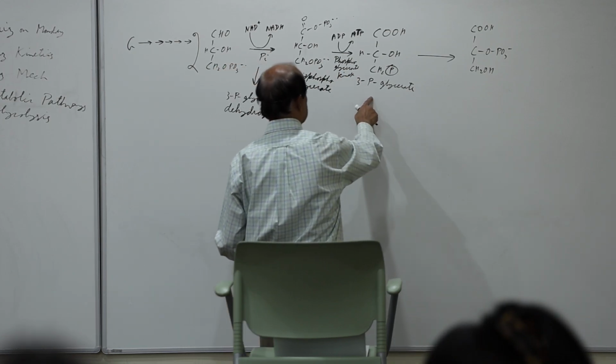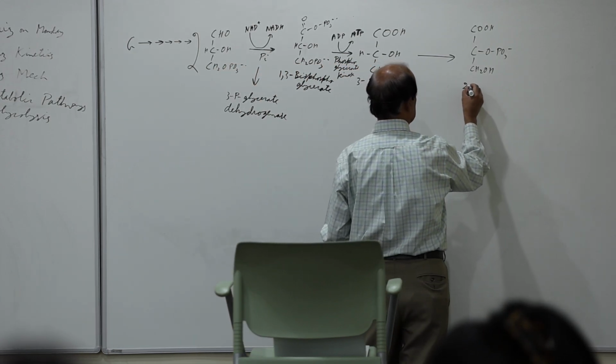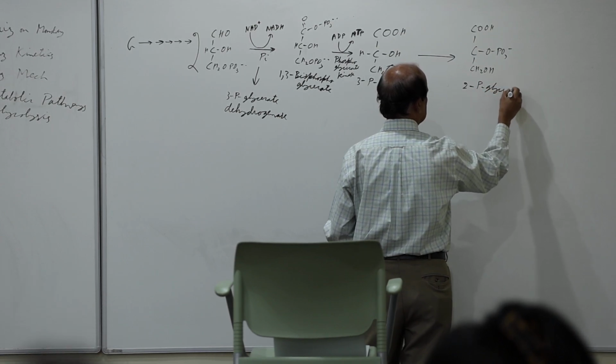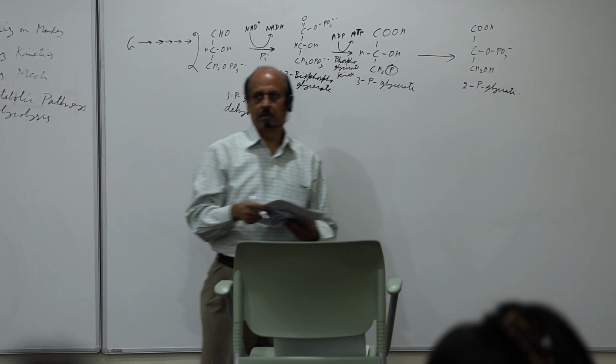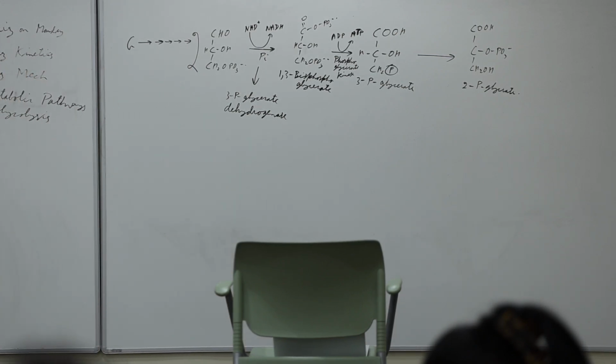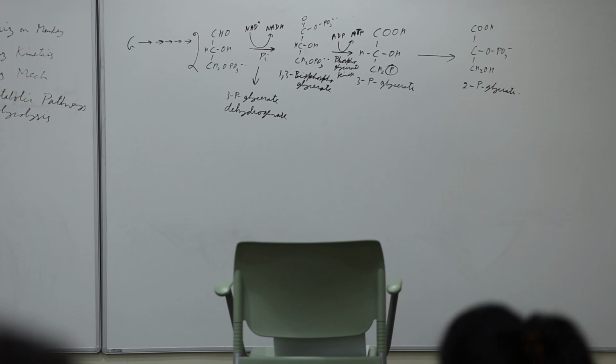So this was 3-phosphoglycerate, so this is 2-phosphoglycerate. And if you are moving a phosphate from one position to another, as I mentioned before, the name of the enzyme will be what? What transferase? No. It is a mutase. It is called a mutase.